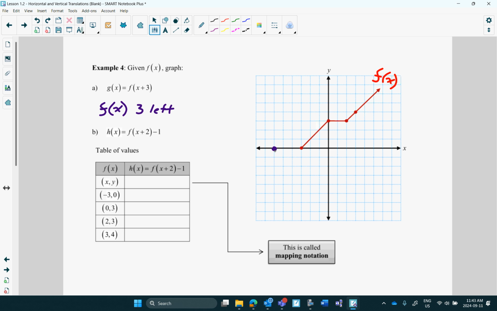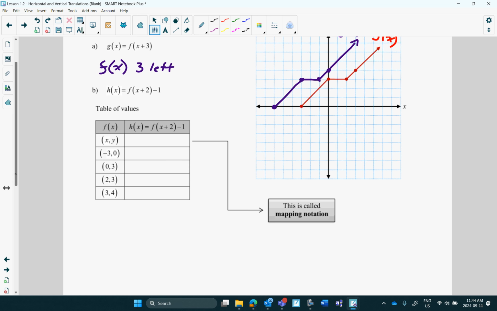Notice I'm using the points that I'm given on f of x. 3 to the left here, and then they connect like this. 3 to the left here, and they connect like this. 3 to the left here, and they connect like this, and then it just keeps going up forever. So that's function g of x. So we just use the graph and kind of do it mentally and just redraw the graph.